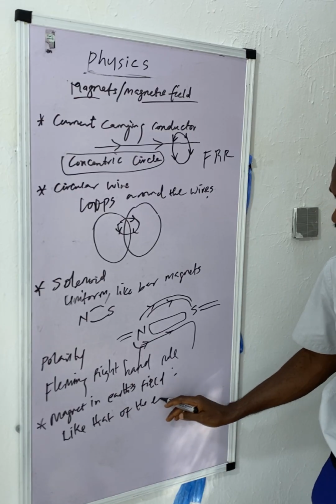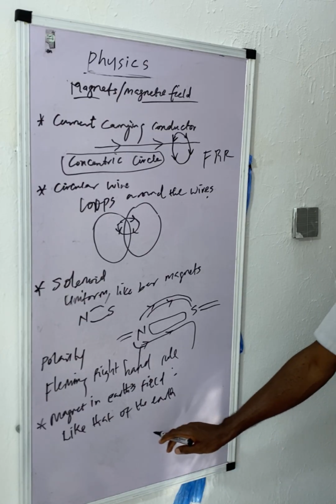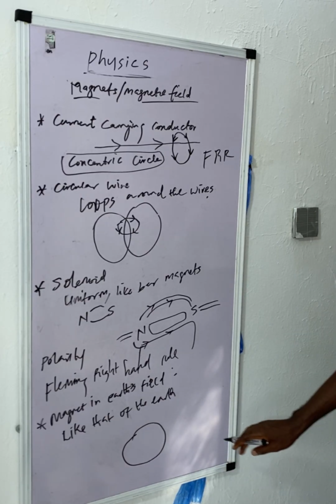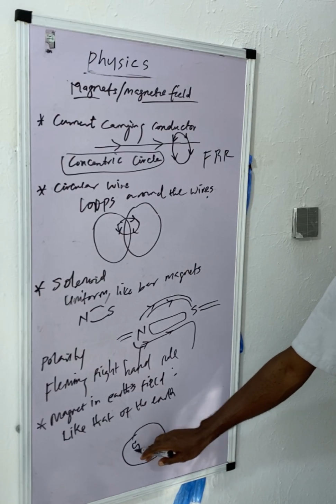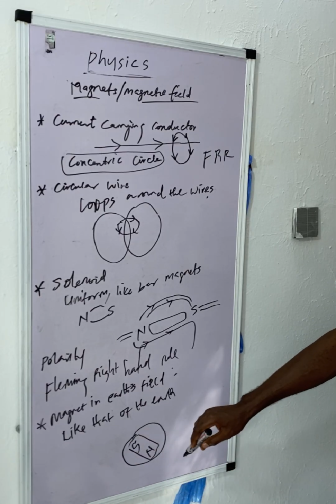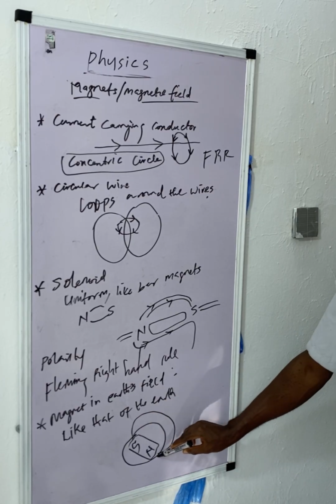What is the flux pattern of the earth like? Let's say this is the earth. You have south pole here and north pole here. The flux moves from north to south pole, right? So this will be the flux pattern.